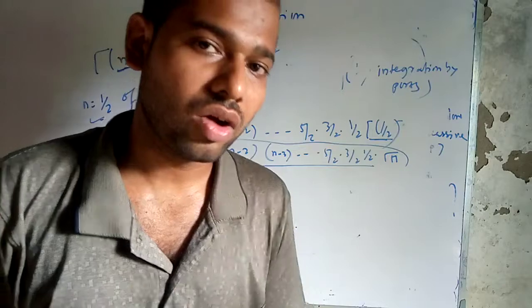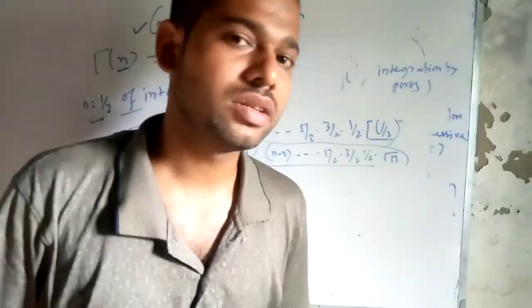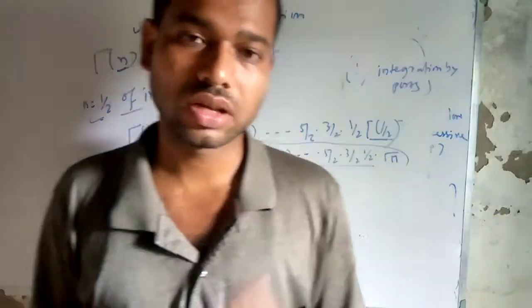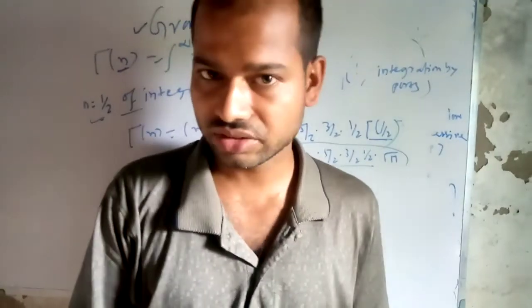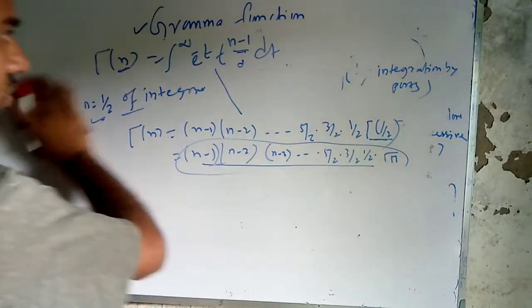There are various types of gamma function and various important points. Now, where is it applied? It is applied in the kinetic theory of gases, and next time I will show how it is applied. It has applications in various fields.